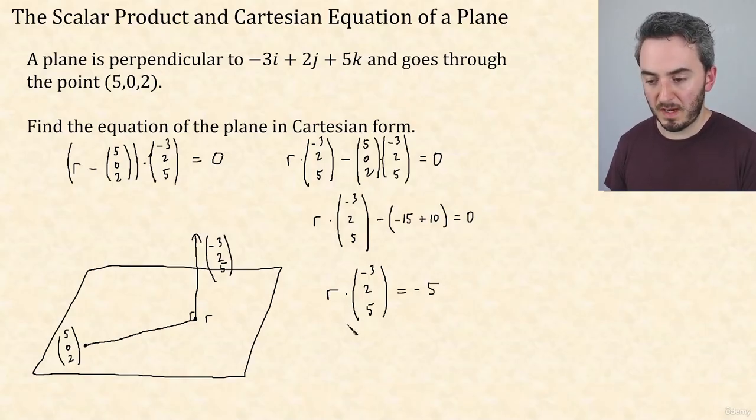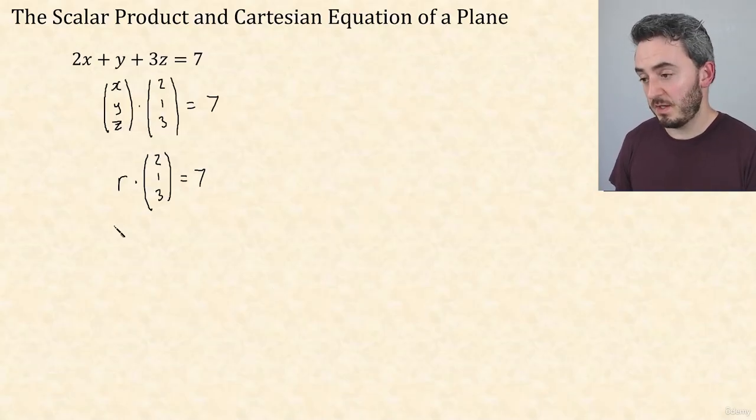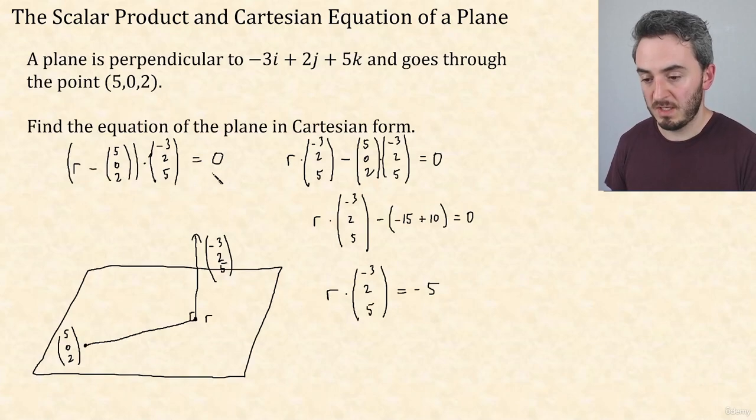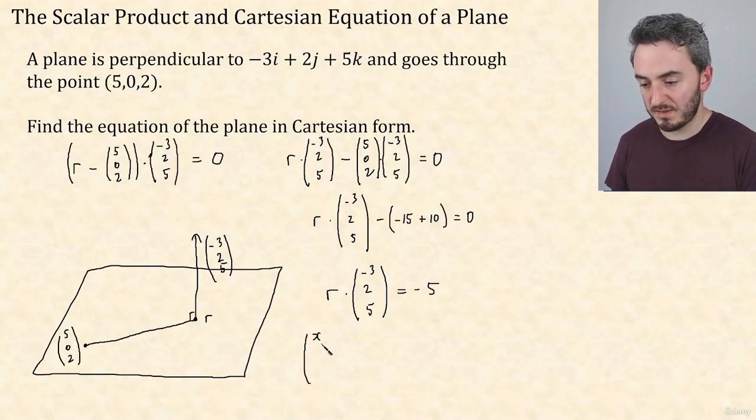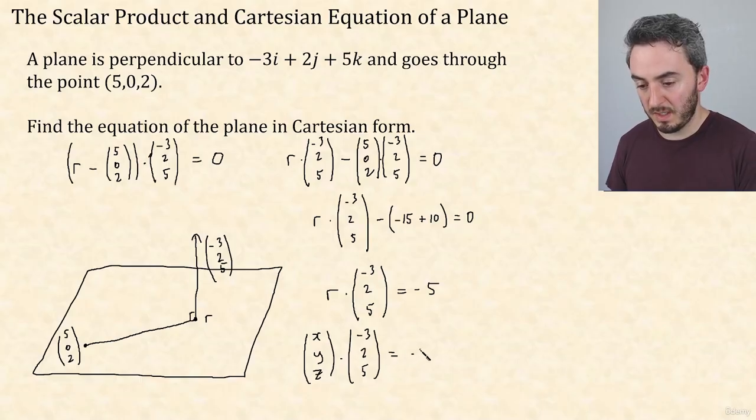And look, we've got it back to that form, which we saw over here, which is r dotted with a vector equals a number. So we know that we can convert this into Cartesian by saying, well, r is just an arbitrary point on the plane. It's just x, y, z. So this is just x, y, z dotted with minus 3, 2, 5 equals minus 5.